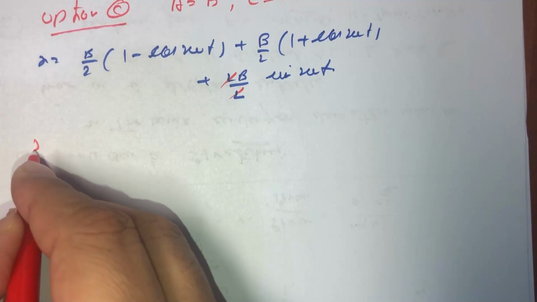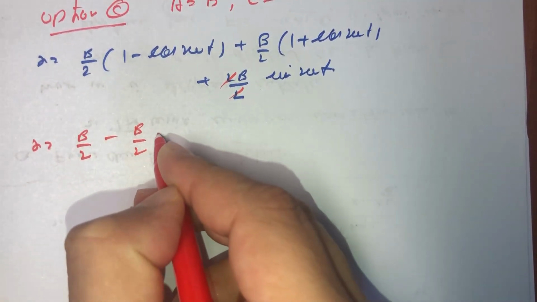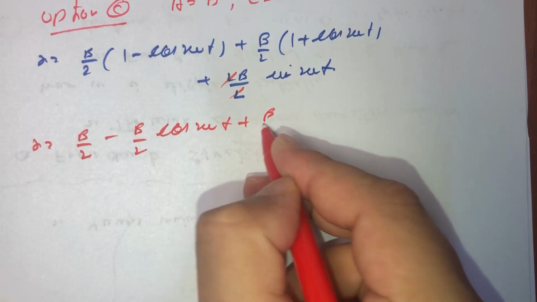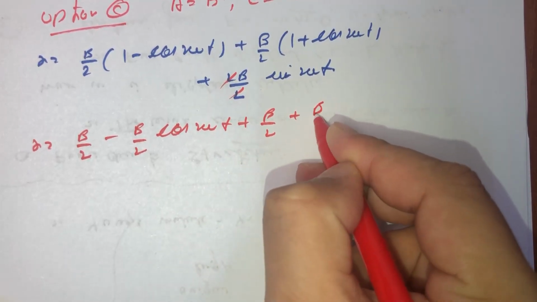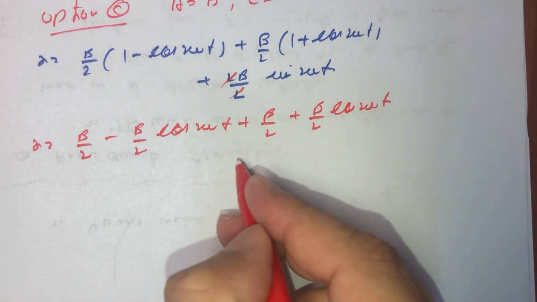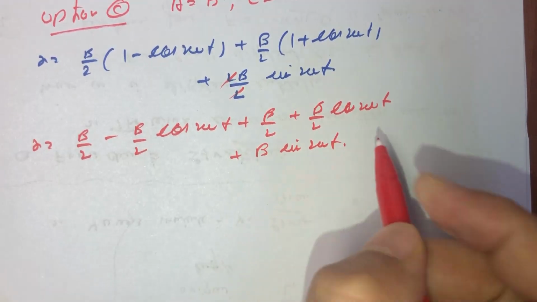We get x equal to B by 2 minus B by 2 cos 2 omega t plus B by 2 plus B by 2 cos 2 omega t plus B sine 2 omega t.